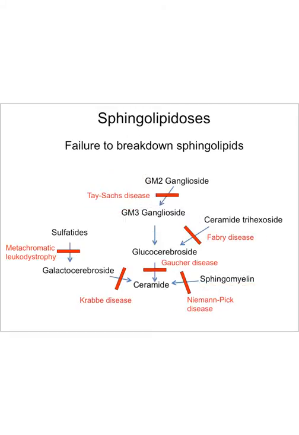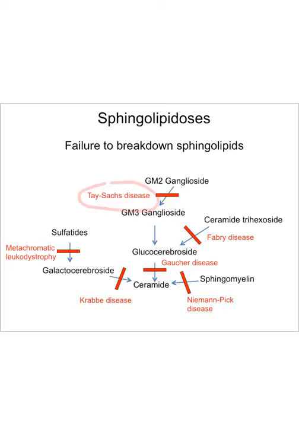Nearly all of these enzymes are associated with a well-known lysosomal storage disease. For instance, if the enzyme hexosaminidase is defective in the breakdown of GM2 gangliosides to GM3 gangliosides, what you get is Tay-Sachs disease.